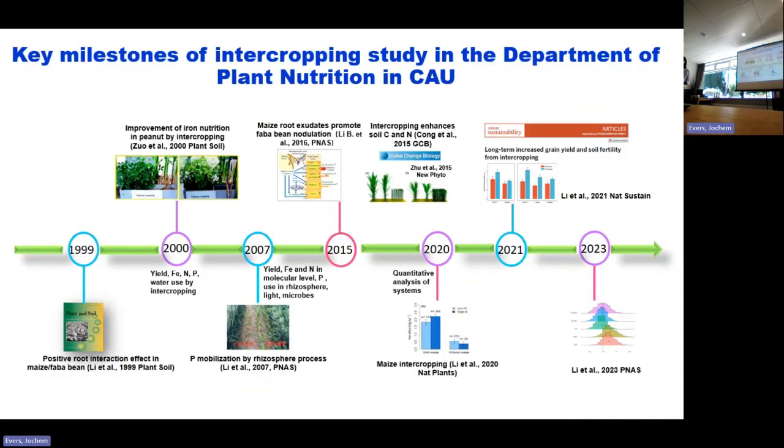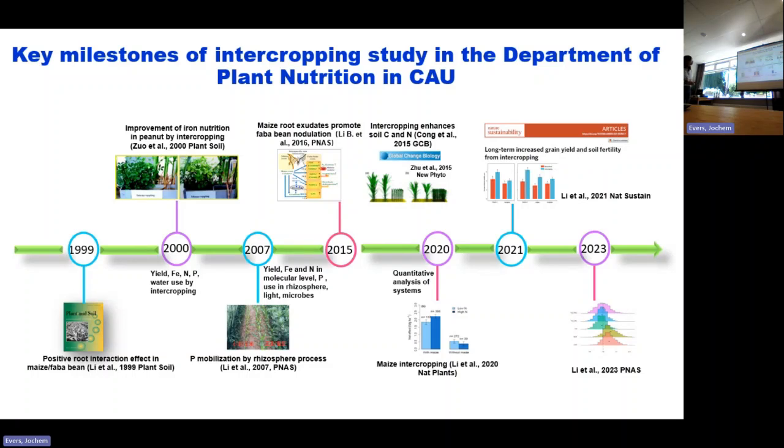So across the last more than 30 years, we did a lot of work under the lead of Professor Zhang and also Professor Li Long, and got a much deeper understanding of why there is overyielding in nutrient uptake and production.